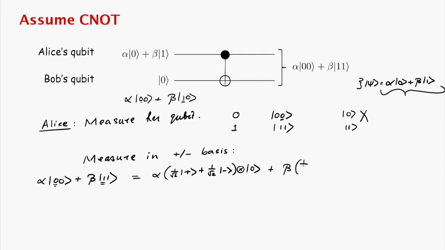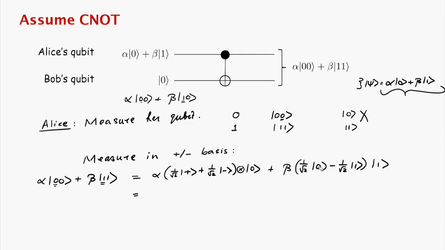It's 1 over square root 2 0 minus 1 over square root 2 1. So remember that we either write the tensor sign or we drop it according to convention. It's sort of depending upon how lazy we want to be.